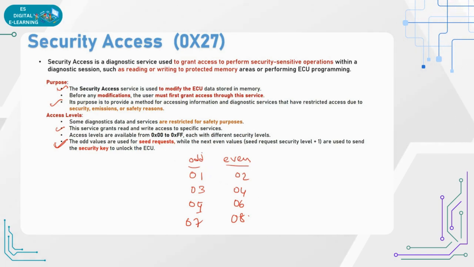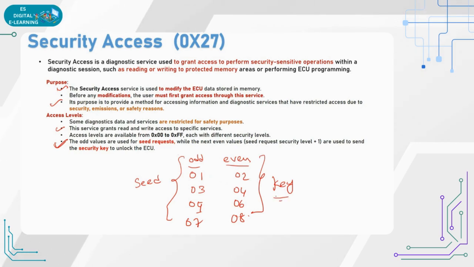Whatever odd numbers we say will be part of a seed, and even numbers will be part of a key. This is very important. The odd values are used for seed request, and the next value, the even one after the odd, is used to send the security key to unlock the ECUs.